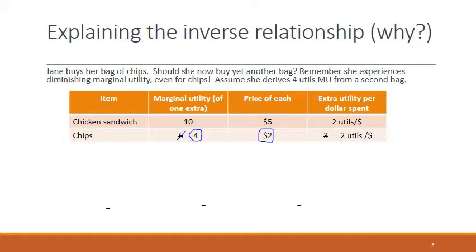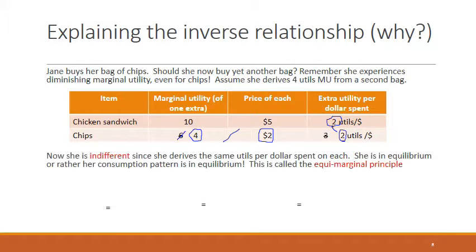So now her marginal utility per dollar spent will be 4 divided by $2, which gives a result of 2 utils per dollar. Notice that that is now the same as the utils per dollar spent on the chicken sandwich, and therefore we assume that she's in equilibrium, that she made the right choice.